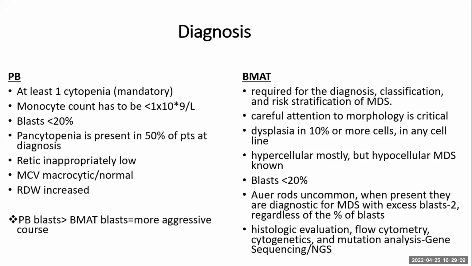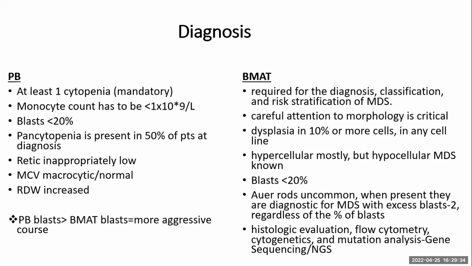And in terms of cellularity, mostly hypercellular, but we know that there is hypocellular MDS, especially the hypoplastic MDS, and also the blast count here is less than 20%. And then Auer rods are uncommon in MDS, but when they are present, they are diagnostic of MDS with excess blasts 2, regardless of the percentage of blasts.